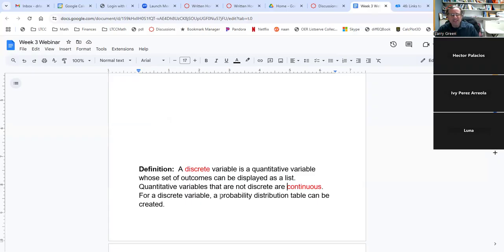The pure definition is too hard for me to explain because you need to be a math major to fully understand it. But what I want you to do is really understand when it's discrete and when it's continuous, based on examples. And we're going to be doing both today, discrete distributions and continuous distributions, or discrete variables and continuous variables. So the big deal is, for a discrete variable, you can make a probability distribution table, which we're going to see some of by example.